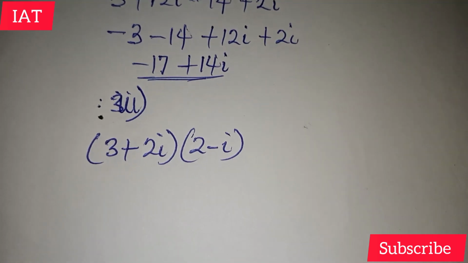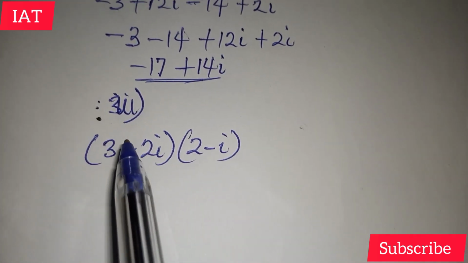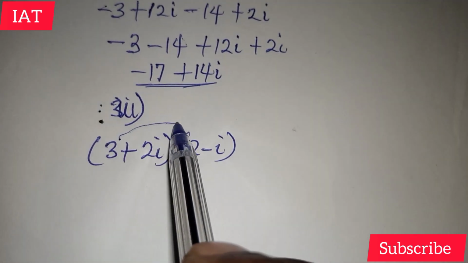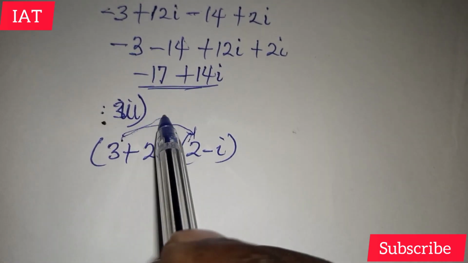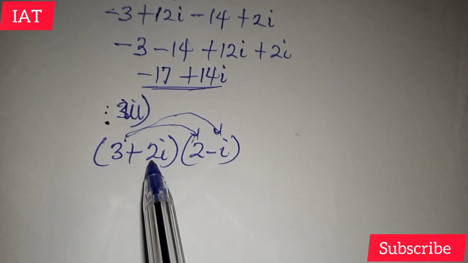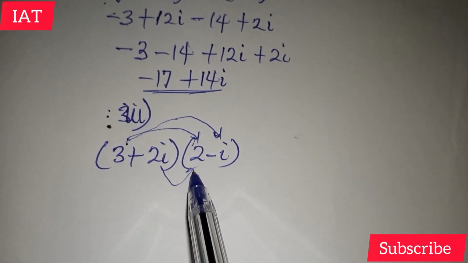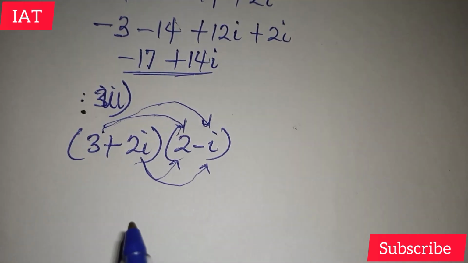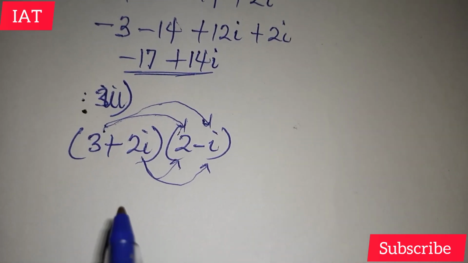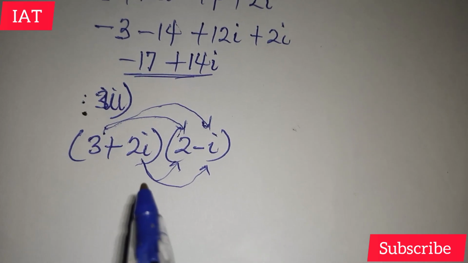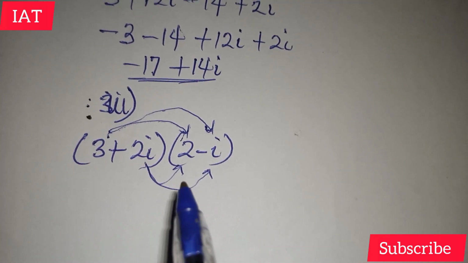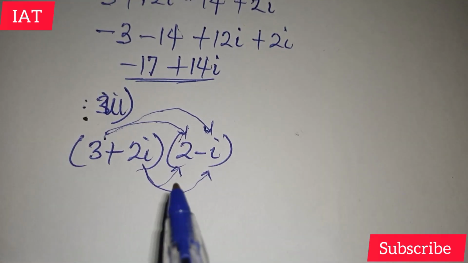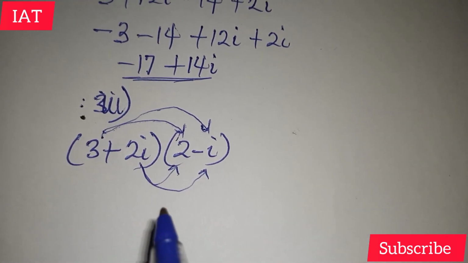What we need to do is to use the method I introduced when I was talking about multiplication of complex numbers. The first term will multiply by this, the first term against the second term, the second term against the first, and the second term against the second term. That's the process we're going to use, and then we'll get the result. That is also the commutative law of multiplication. Sorry, the other one was the commutative law of addition, and this is the commutative law of multiplication.